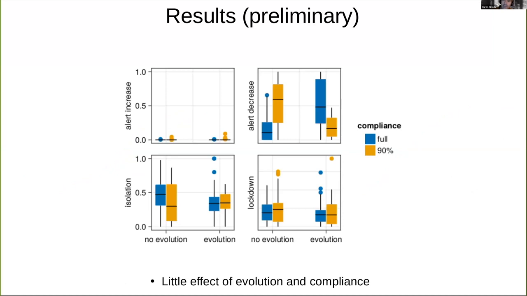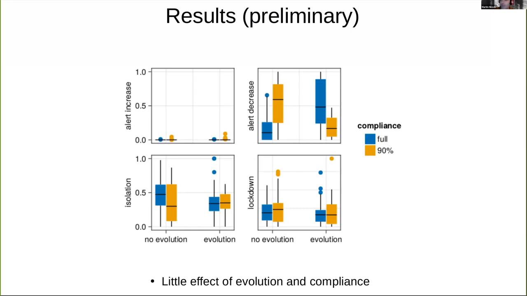And here again, when we look at the base scenario, so this is now both settings, evolution and no evolution, on the left and the right-hand side in each panel, and full compliance and 90% compliance. So in this baseline scenario, we see that there's interestingly not much of an effect of neither evolution nor compliance.